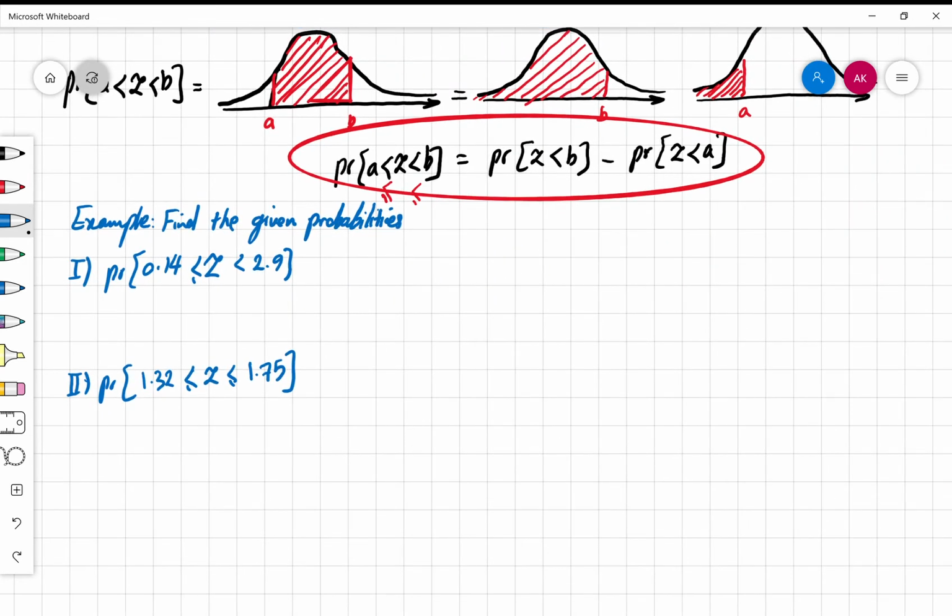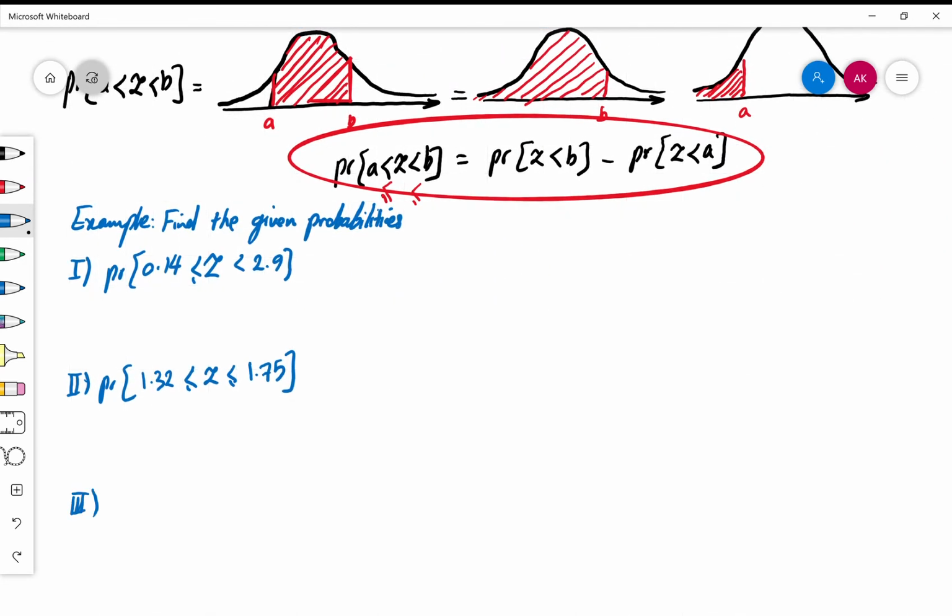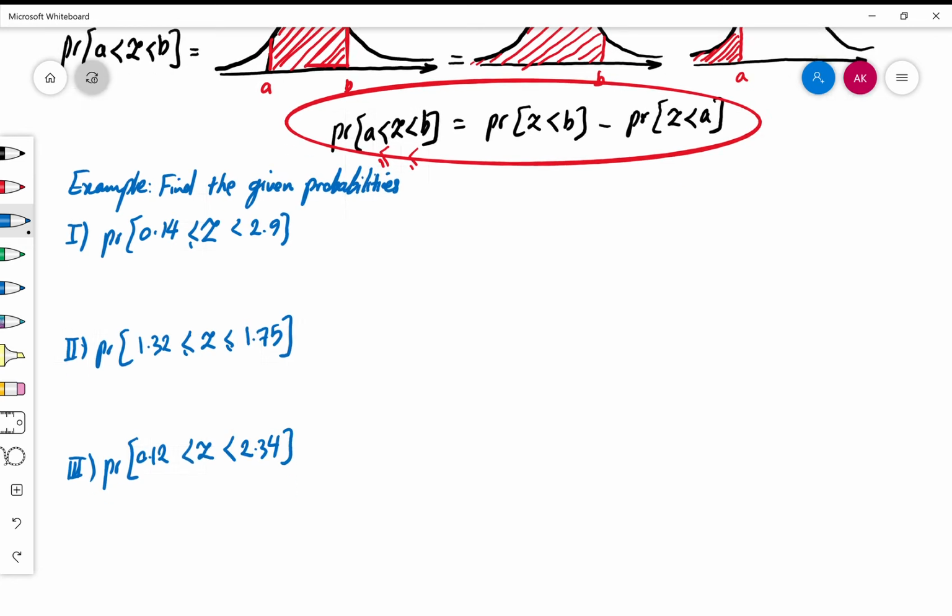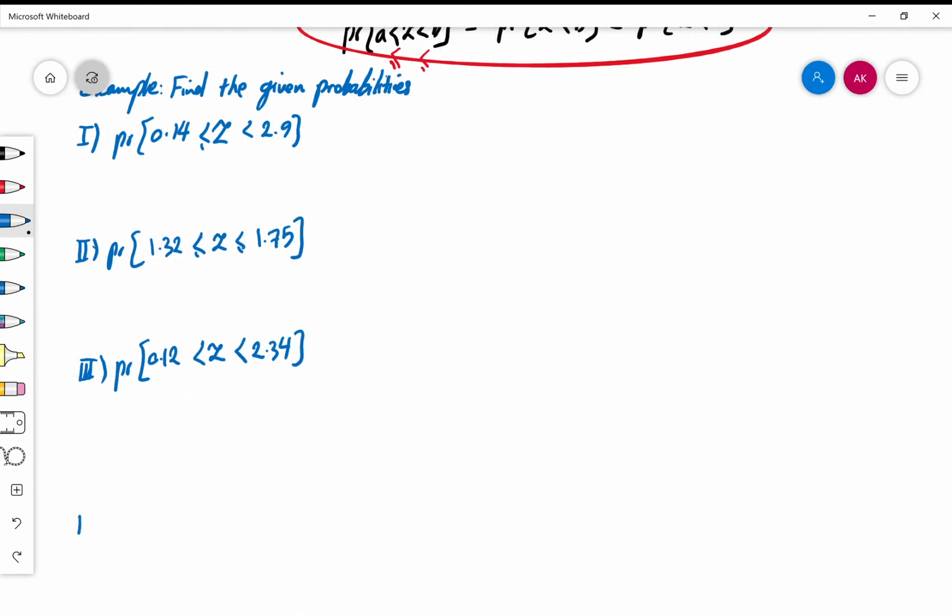And then the third one is probability of z bigger than negative 0.12 and less than 2.34. And one last one is probability of, oh, this was negative, I forgot to put the negative sign. So probability of z bigger than negative 2.01 and less than negative 1.85.